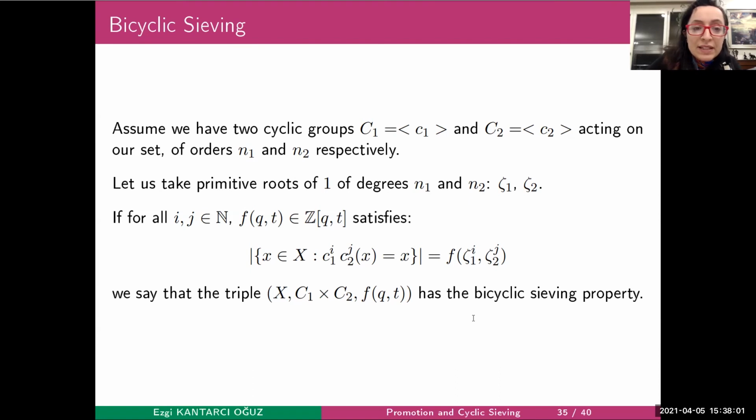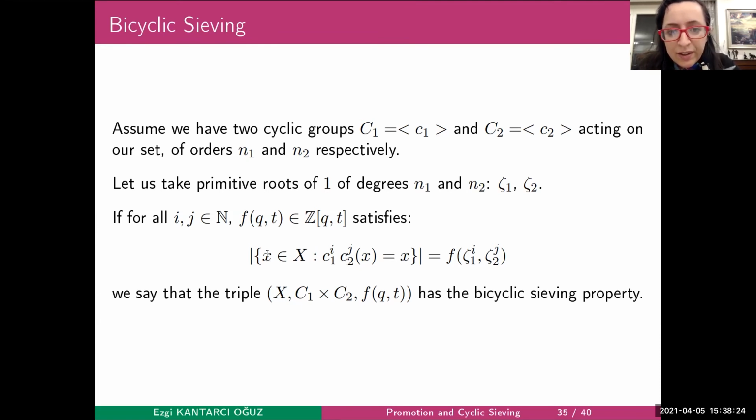For the ribbons, as I promised you, I'll talk a bit about bicyclic sieving. Now, instead of one, we have two cyclic actions of different orders, and for each cyclic action we take a primitive root of unity.